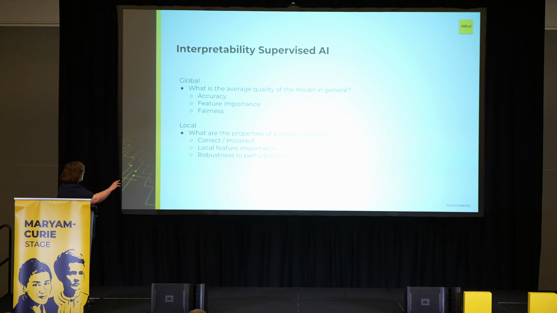And we also want to be able to interpret a single response. We certainly would be interested in whether a prediction for, say, a patient in the hospital is correct or incorrect, what kind of information went into making that prediction, and possibly how the prediction might change if you change a few things for the patient, which would be an adversarial analysis.